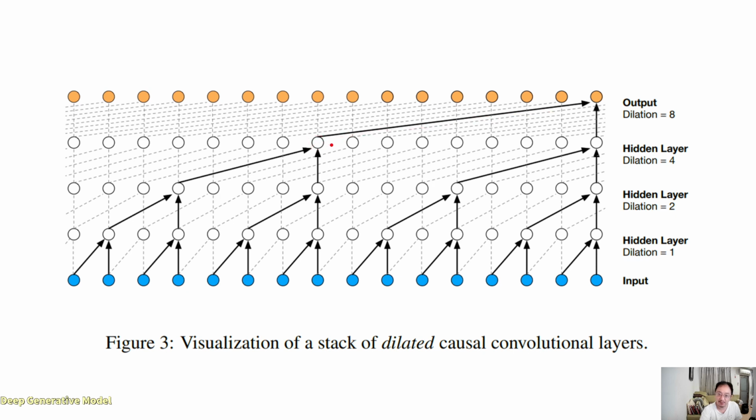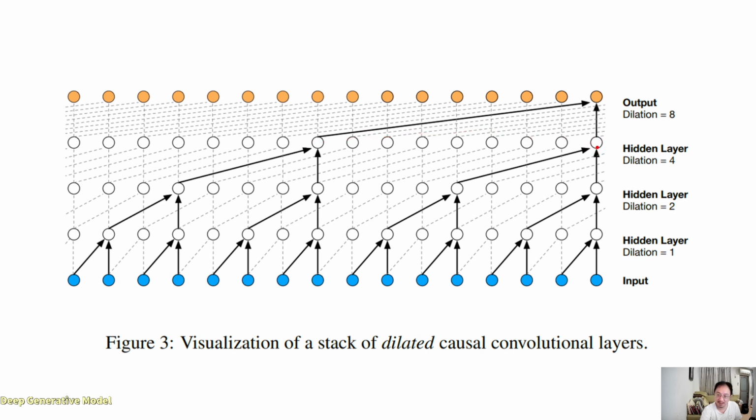So if we want to generate the current output, first we consider the current output of the last layer, and the output like half a second ago, 0.5 seconds ago, of the last layer.